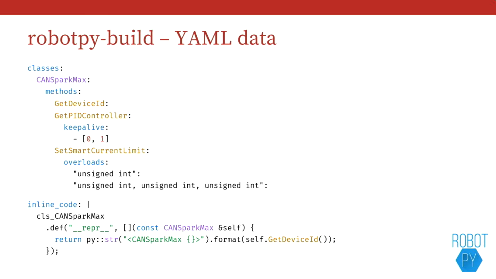And then at the bottom here, we have a bit of inline code. So this lets you shove some C++ code into the pybind11 module that's eventually generated. And this allows us for infinite customization. So here, we actually add a method to the Python class that doesn't exist on the C++ class.